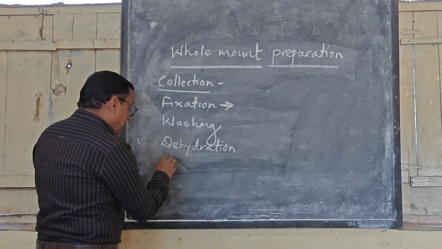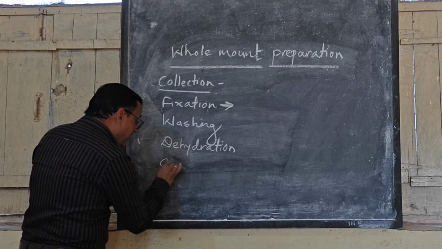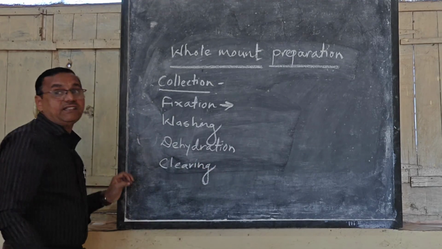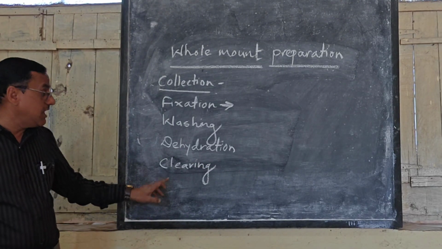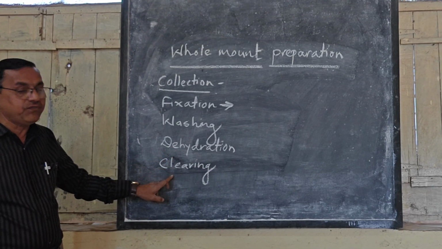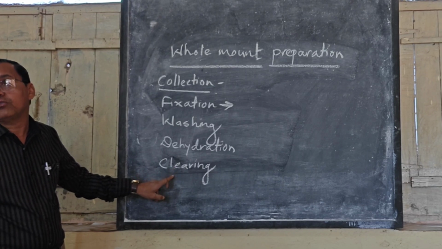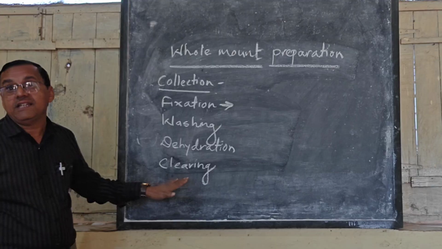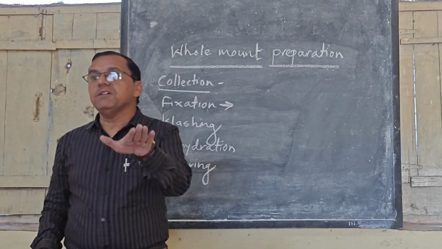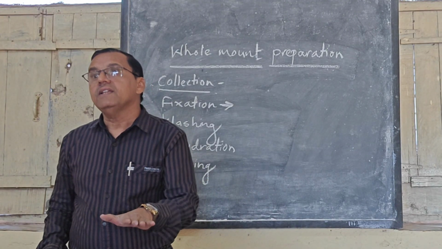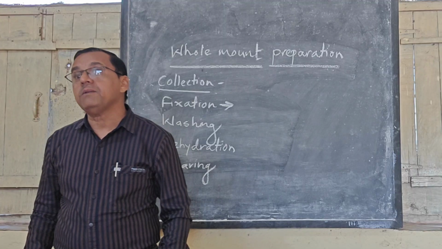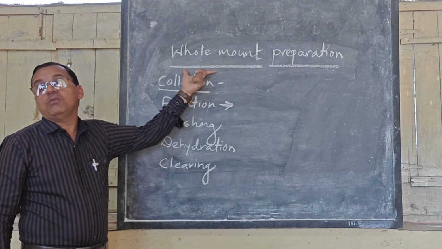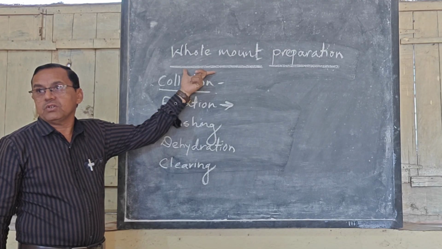After dehydration, these animals are cleared. This step is called clearing, or it is also called de-alcoholization: removal of alcohol from the tissue or animal. And after clearing, these animals are directly mounted on the slide. Hence, this process is called whole mount preparation. Okay.